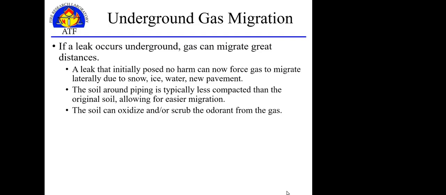To bury a gas line, you've had to dig a trench, and when you fill that back in, that soil is not as compacted as the original soil. So now I've got a pathway for that gas to migrate, and it just so happens to be towards my house along the gas line. Then you complicate that with the ability of the soil to oxidize or remove that odorant, and now I might have a gas leak that I have no way of knowing about.